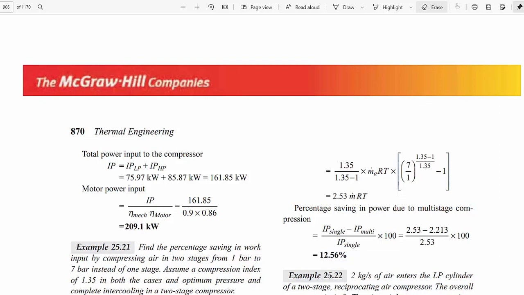Therefore this is a major loss. 161 is the acquired output, but the input is 209.1. This is the inference from the problem. In this problem we conclude the 50th unit. Thank you.